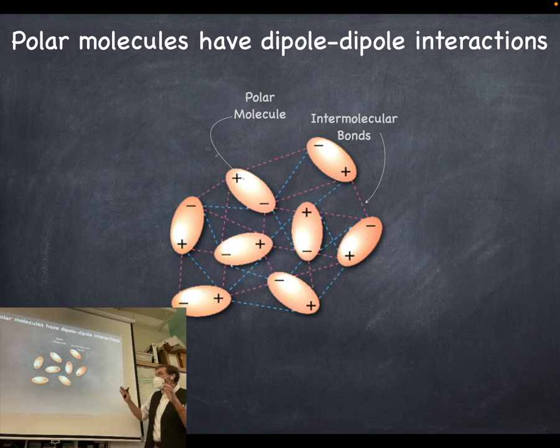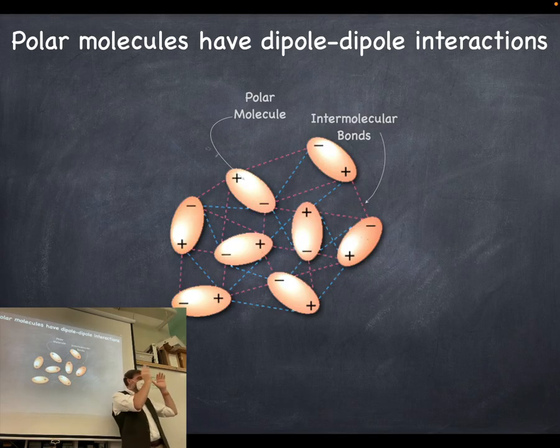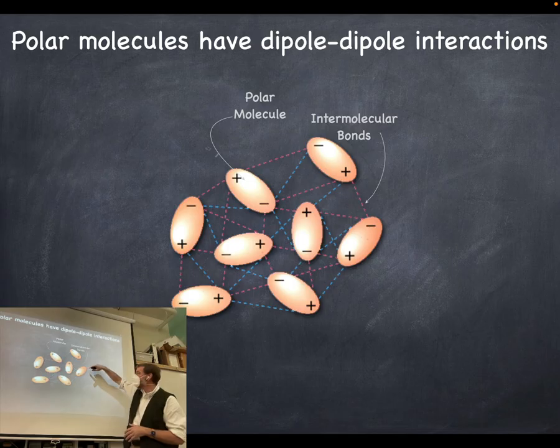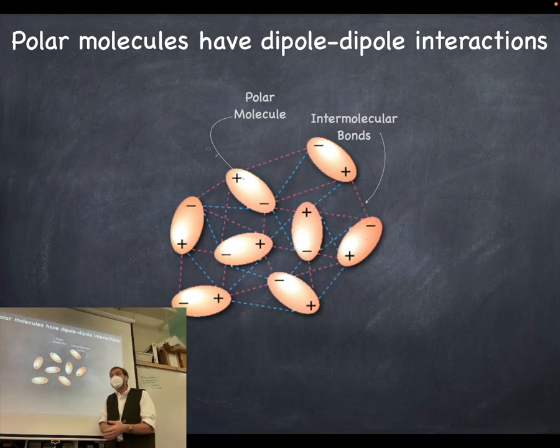But if we have polar molecules, so if we pass that first criteria, it's polar. That means that the positive and negative ends attract and repel each other. We're particularly interested in these attractive forces, the positive end of one molecule attracting the negative end of another.